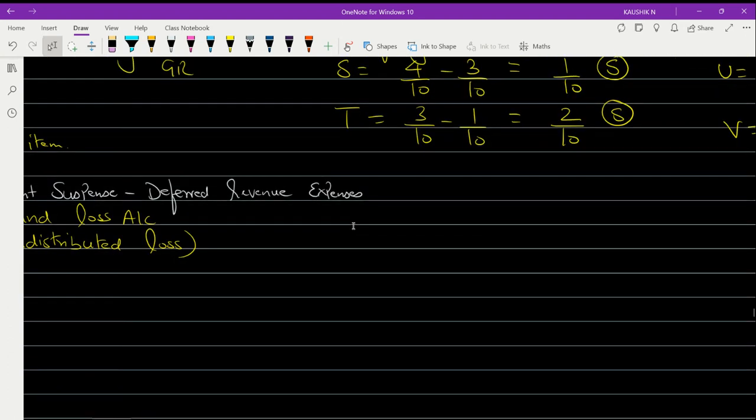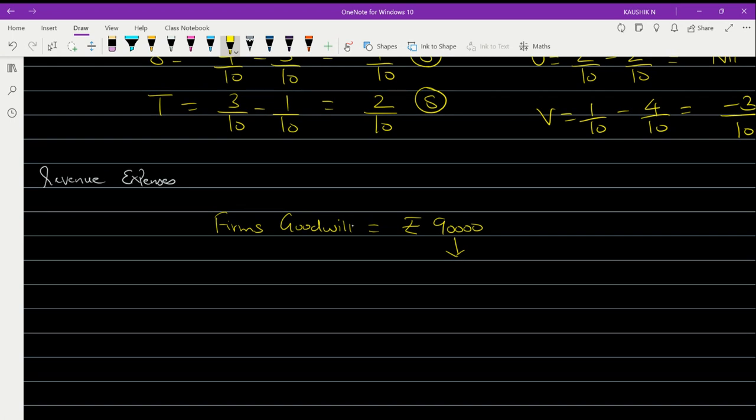So what you should do is, the firm's goodwill is equal to rupees 90,000. In this 90,000, calculate the gaining partner's share of goodwill.